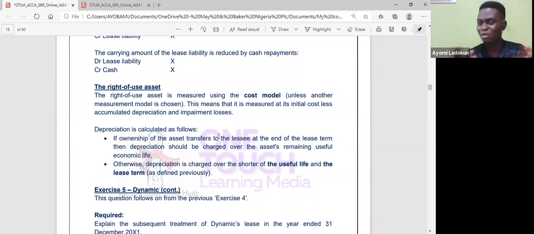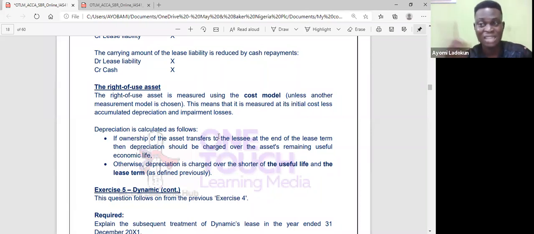Ideally, the lease term will be shorter than the useful life, because I don't think I would lease an asset that has a remaining useful life of 10 years for 15 years. It doesn't make business sense, okay? So I want to lease an asset that has a useful life of, let's say, 10 years, for 7 or 8 years. So most likely, if ownership will not transfer, then I have to depreciate using the lease term.